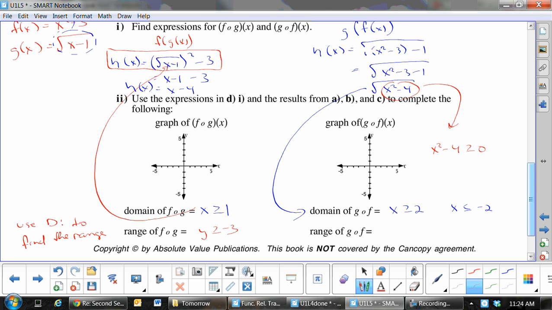That thing has to be greater than or equal to 0. I can't take the square root of it. So then you just do one little thing, and now we're going to do a little algebra. Add 4 to both sides. That x squared has to be greater than or equal to 4. Now the confusing thing now is, well, we're supposed to take square root of both sides. Well, if you take square root of both sides, you will get x is greater than or equal to plus or minus 2.